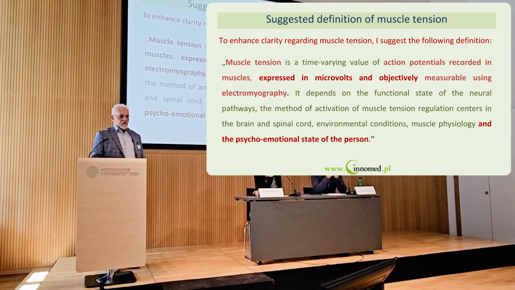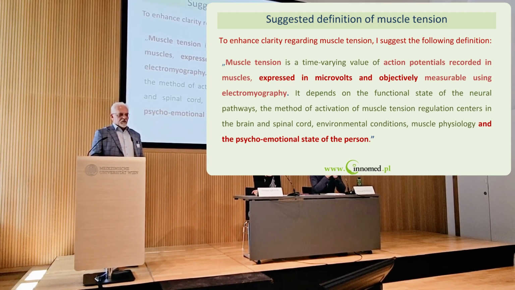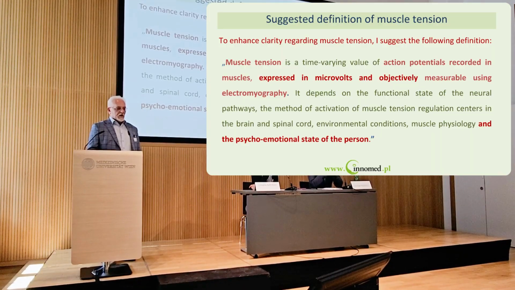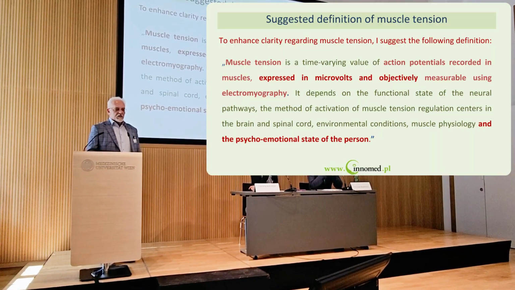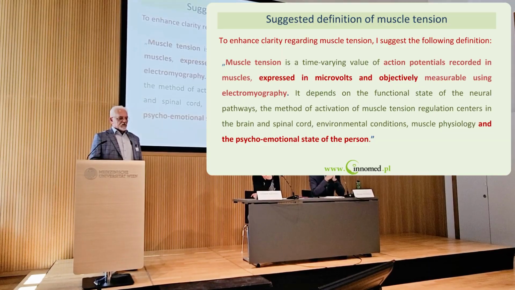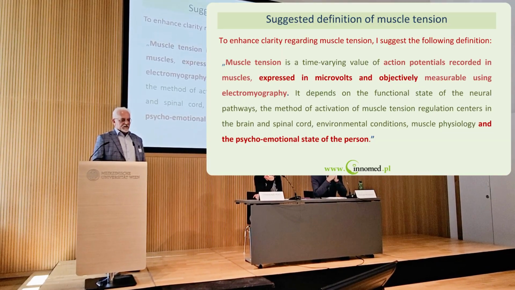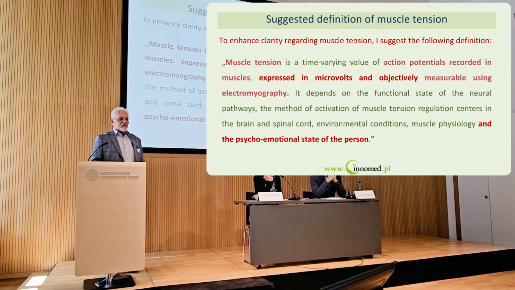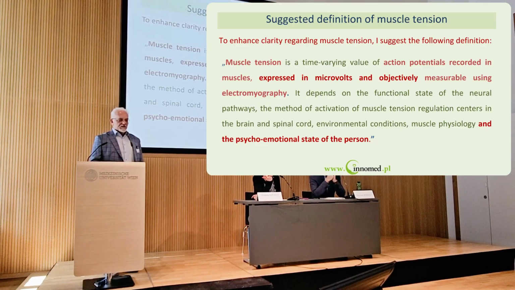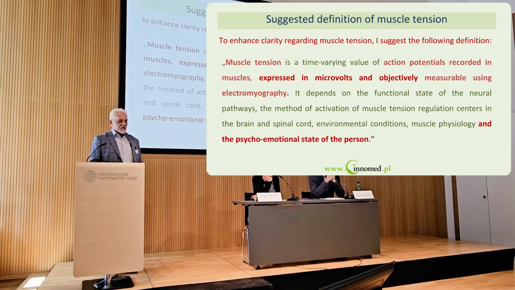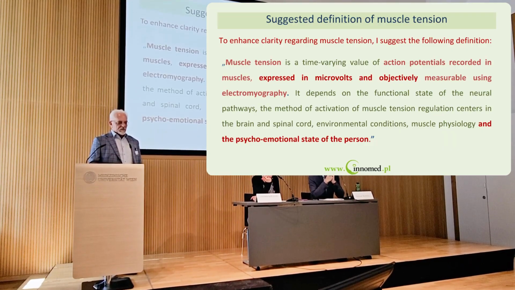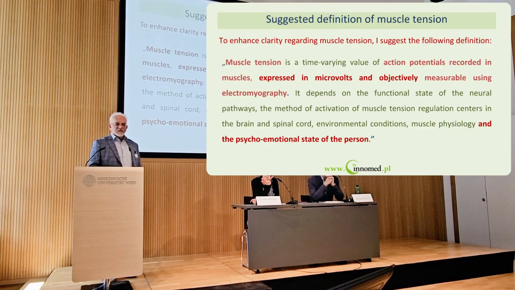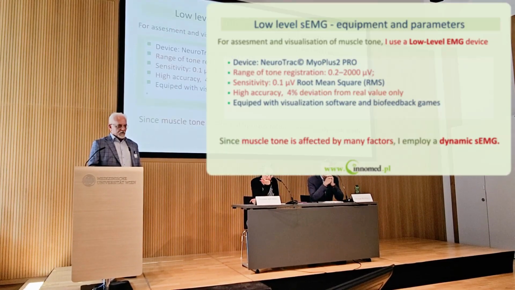Muscle tension is a time-varying value of action potentials recorded in muscles, expressed in microvolts and objectively measurable using electromyography. It depends on the functional state of the neural pathways, the method of activation of muscle tension regulation centers in the brain and spinal cord, environmental conditions, muscle physiology, and the psycho-emotional state of the person.